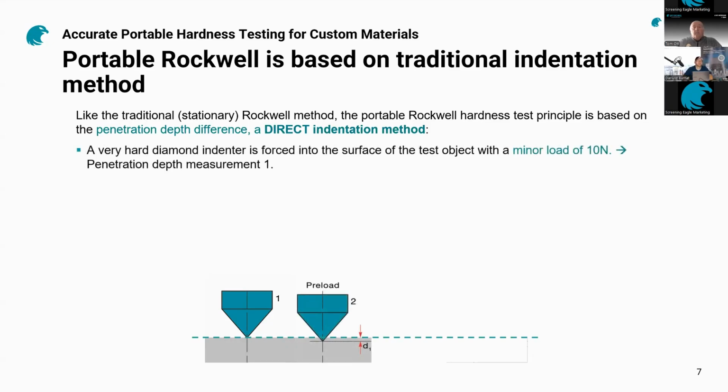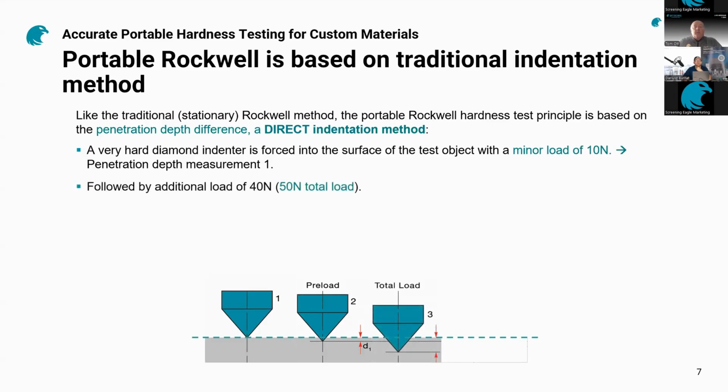So what is that Rockwell test cycle? We bring the indenter into contact with the surface, and as we press on the probe, we cycle through a minor load of 10 newtons. At that point, as soon as we hit that minor load, we measure the depth of indentation. That gives us the D1 in the graphic below.